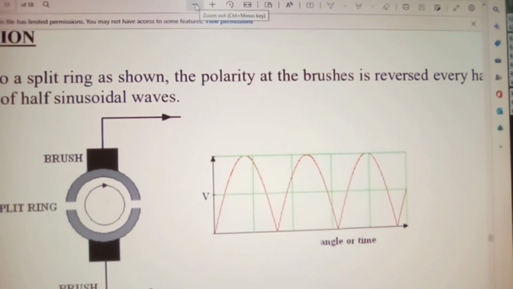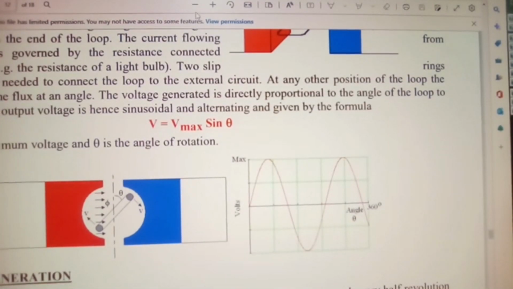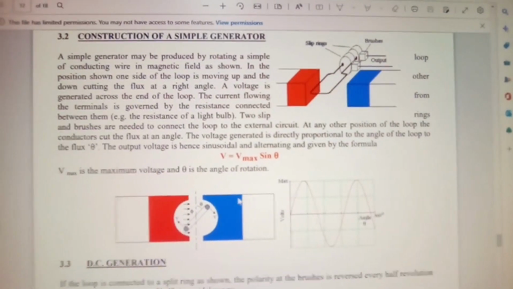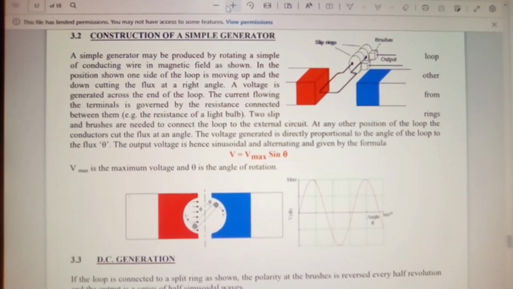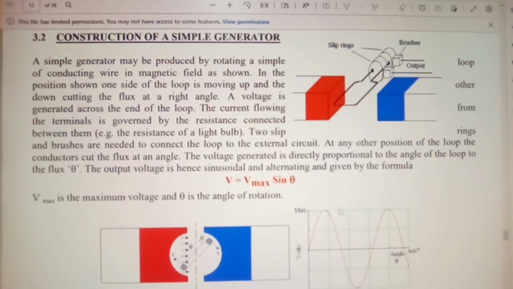Let me just drop it down a bit now so I can get back to my normal size. One second, bear with me. Okay, let me bring it up a little bit.